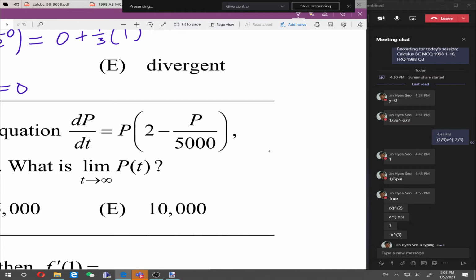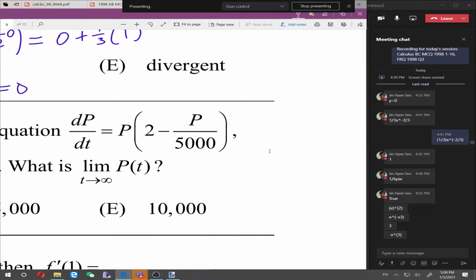One over p plus p over 5,000 dp equals 2 dt. Okay, on the right track, we need to separate our variables. I can't split that 2, unfortunately. Oh, okay. But that was almost perfect.